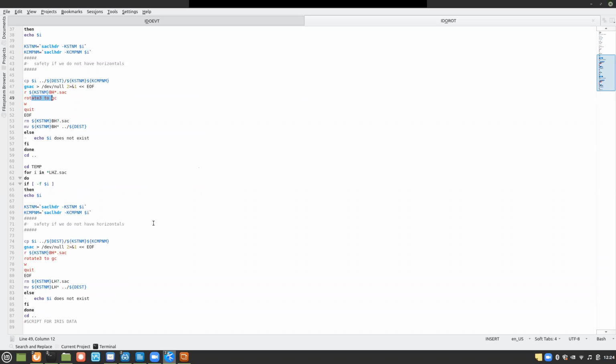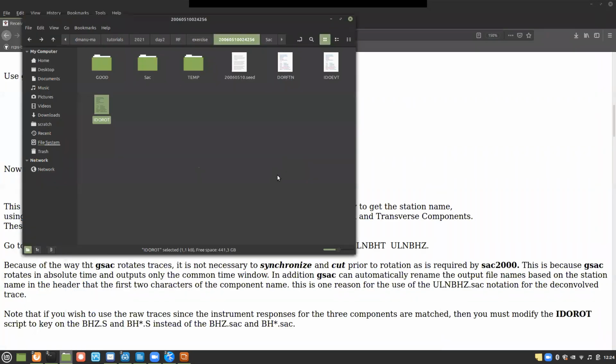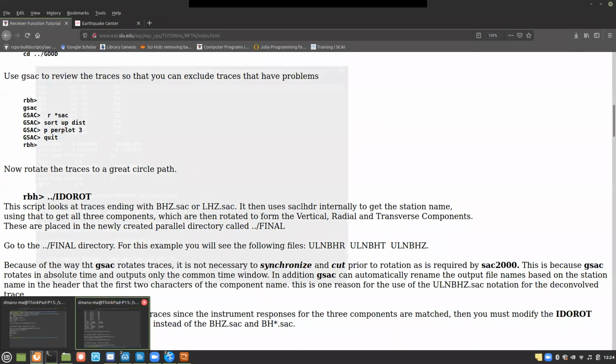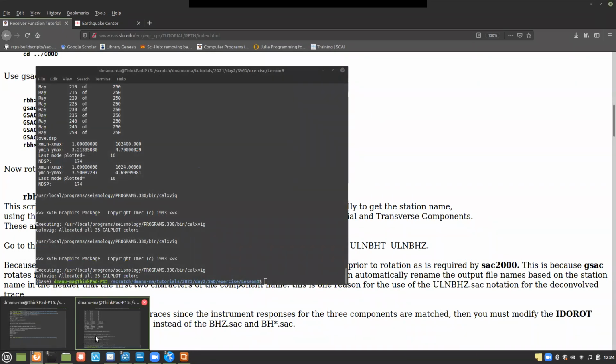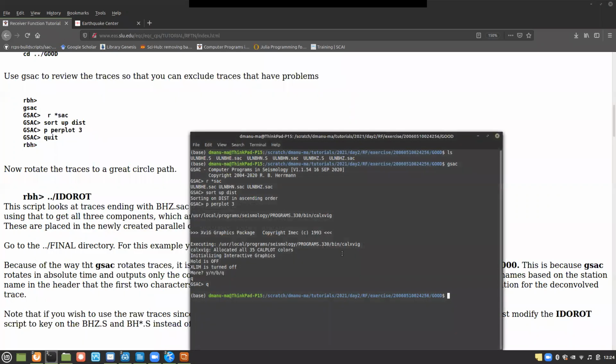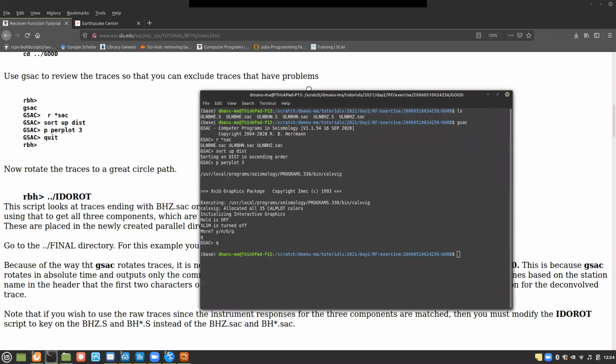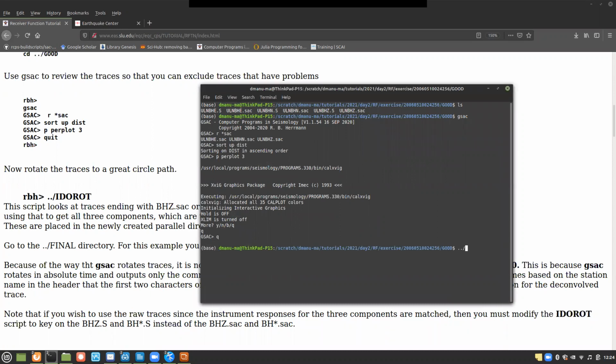And actually, it's quite straightforward once you have this program. So which one was it? Okay, this one. I'll just go ahead and do that. I do rotate.